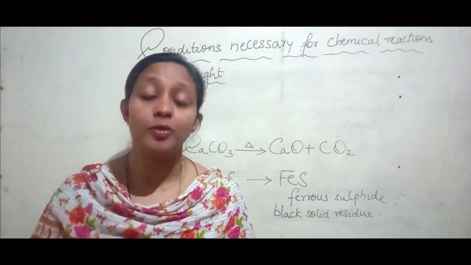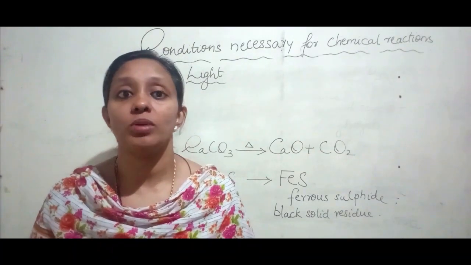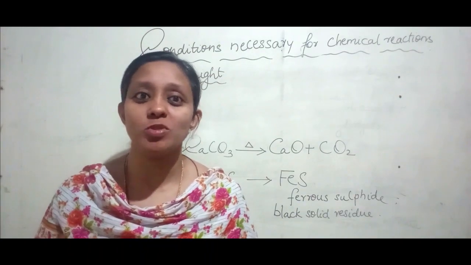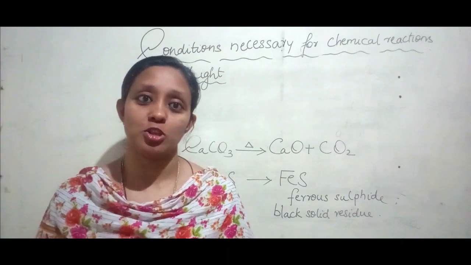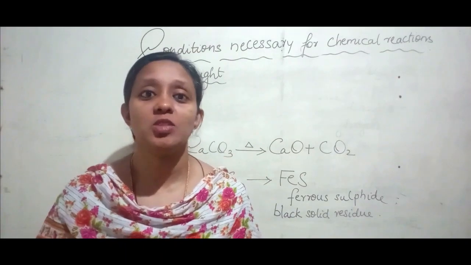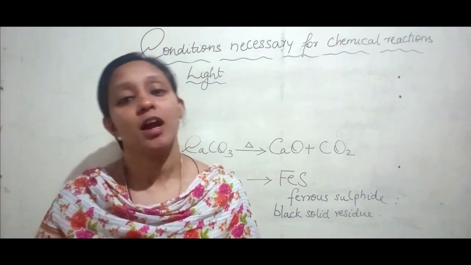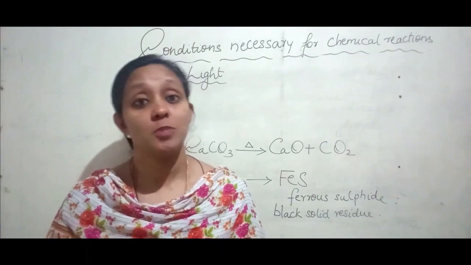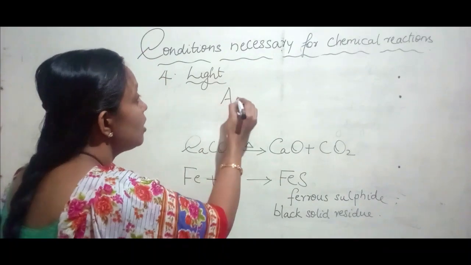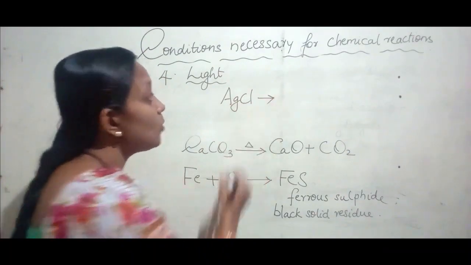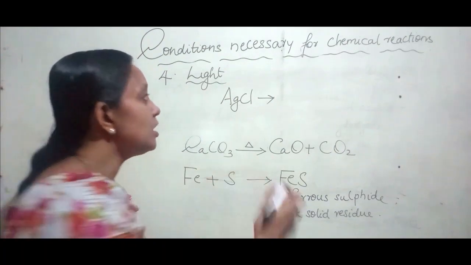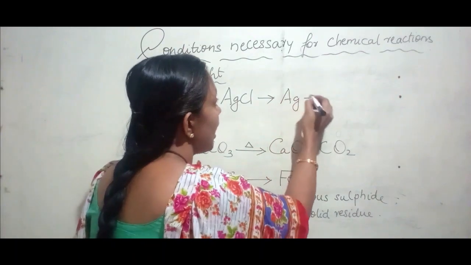Again, there are a few chemical reactions which will take place only in the presence of light. That is silver compounds. Compounds of silver normally undergo decomposition in the presence of light. Silver chloride, silver nitrate, all these ones, when they are exposed to light, they undergo decomposition. They split up. Have you followed, children? I'll just give you one example. Silver chloride, when it is exposed to sunlight, decomposes, giving you silver and chlorine.